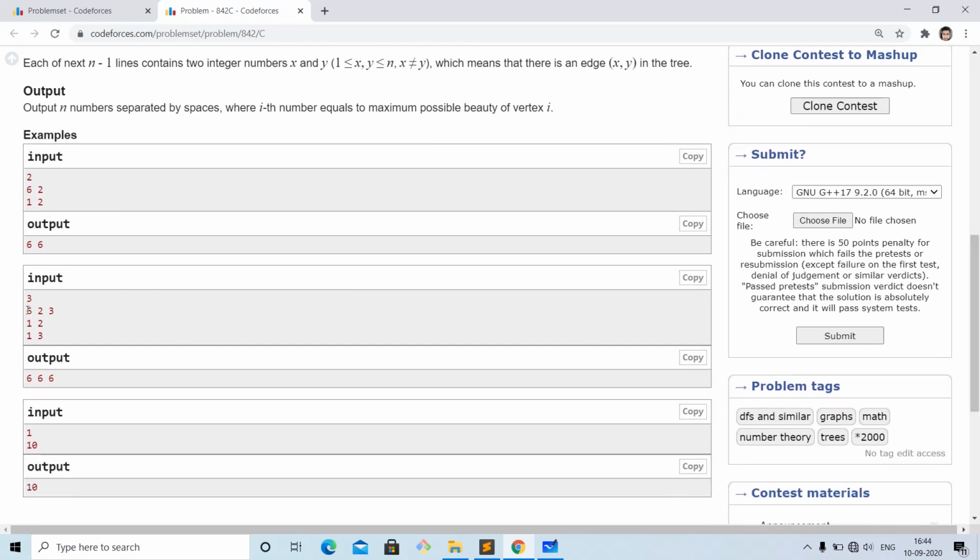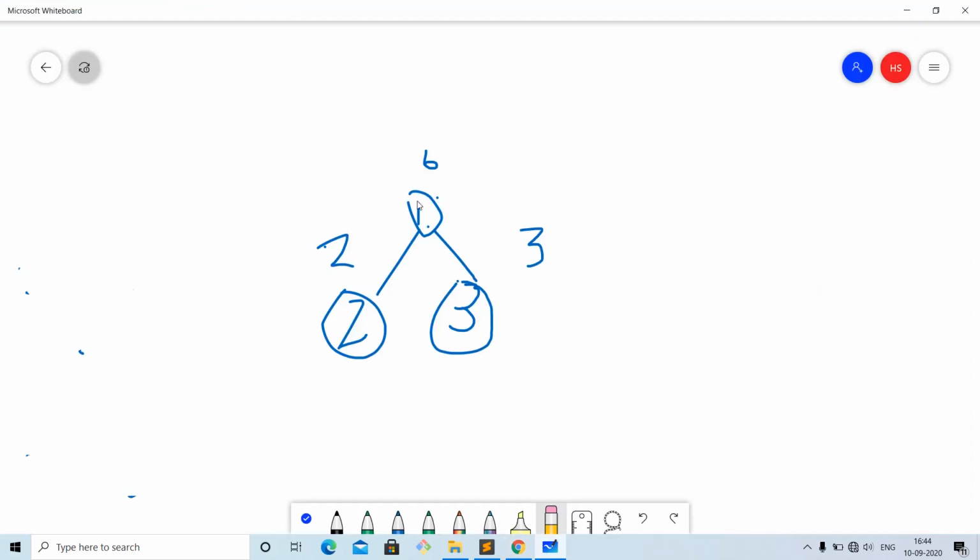Let us say we are taking the example of the second test case, where we are given three vertices, and the numbers on the vertices are 6, 2, and 3, and 1 and 2 are connected, and 1 and 3 are connected. If we see vertex 1, what are the vertices coming in the path from the root to the vertex?